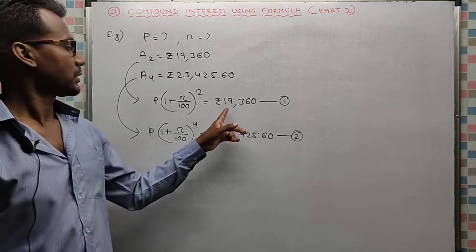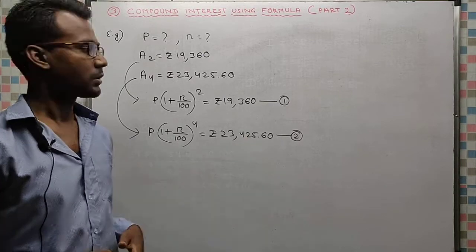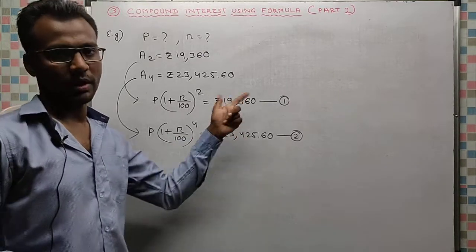You can see 19,360 is less than 23,425.60. So divide 2 by 1.